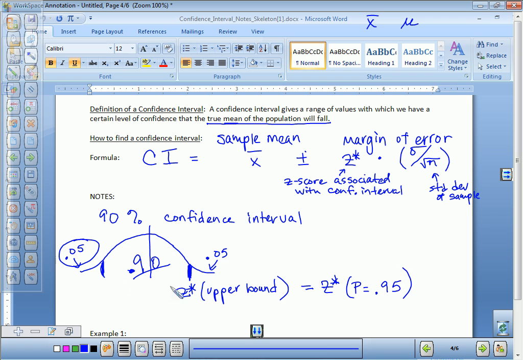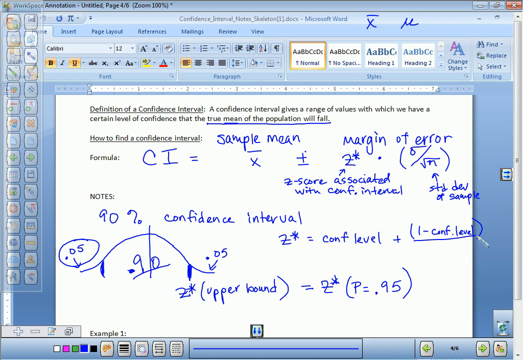Okay, now I like to draw the picture because I'm visual. To find Z star, it's very helpful to just draw the picture. You may be a formula person. So to find Z star, it might be helpful to know that every time it's that confidence level plus 1 minus that confidence level divided by 2.